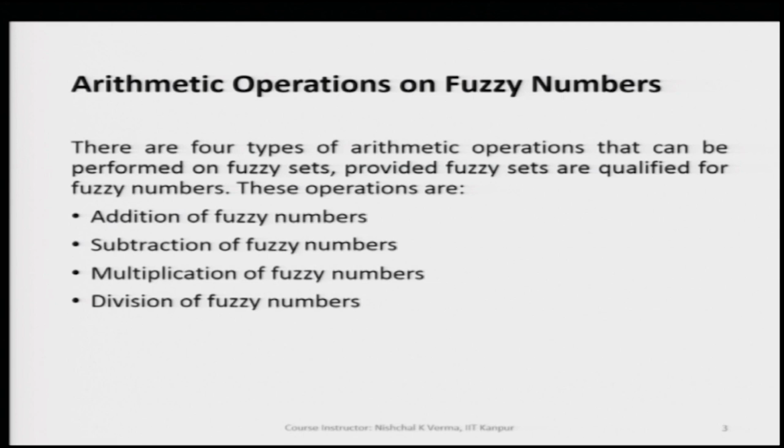When we say fuzzy numbers, it means we will be dealing with fuzzy sets that satisfy the criteria of normality and convexity. The arithmetic operations are addition of fuzzy numbers, subtraction of fuzzy numbers, multiplication of fuzzy numbers, and division of fuzzy numbers.